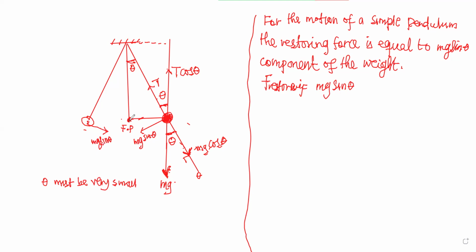When it comes here, it will cross the fixed point because of its momentum and come to the other extreme, and there is always a restoring force directed towards the mean point.